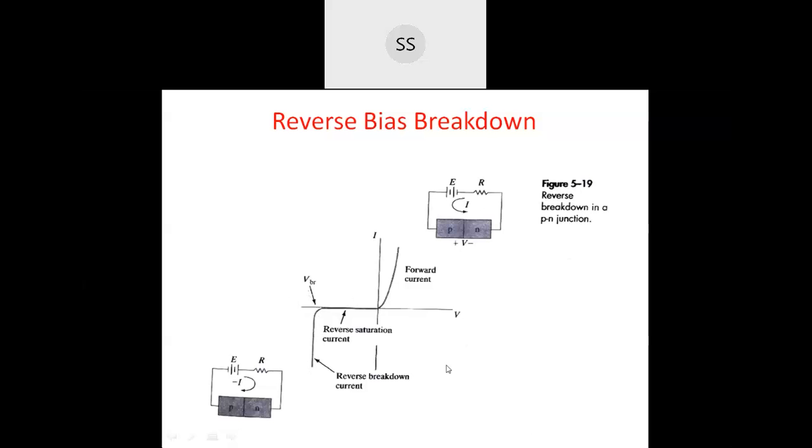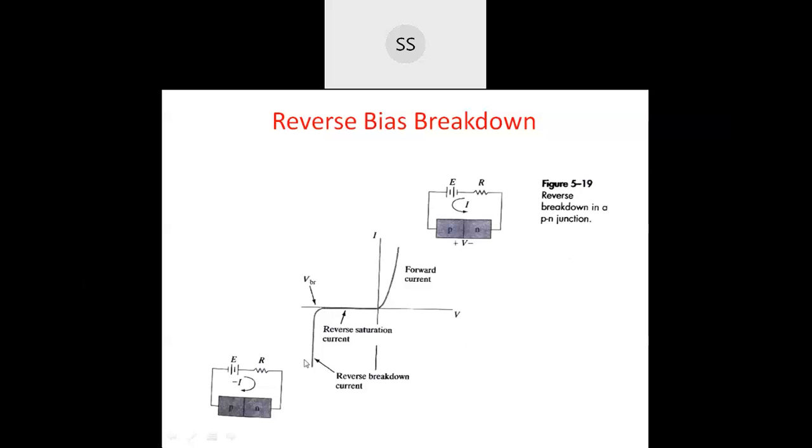This critical breakdown voltage introduces almost right-angle looking characteristics in most diodes. This is a characteristic feature of the reverse bias condition.